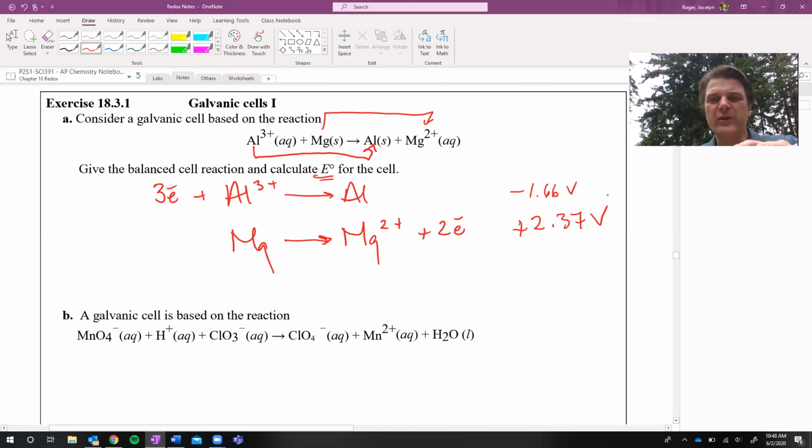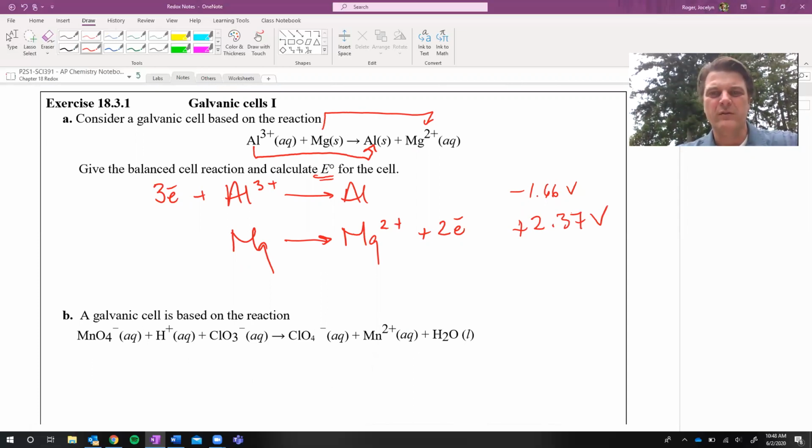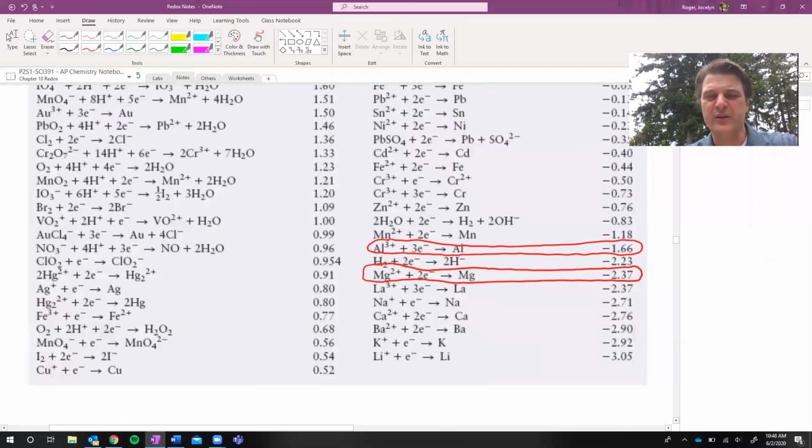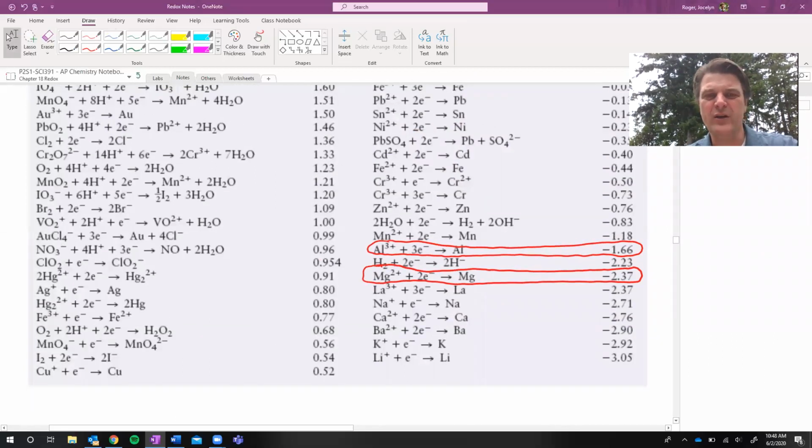When you look at the table, this is a table of reduction potential. All of the equations written on this table are written in the reduction form. If you're using the oxidation form, it's the same equation, just backwards, so you just change the sign on the voltage.